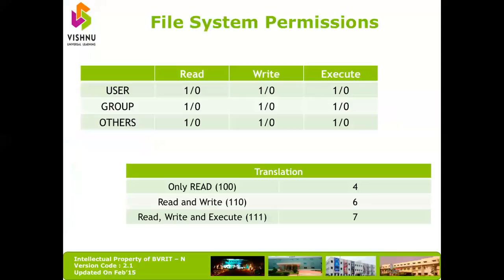Now, in a Linux environment, there are three types of users possible. One is called the user or the creator, in Linux language the owner. That means if I have created a file, for that particular file I am the user or the owner. Along with me, there can be others having the same kind of privileges, and the collection of users based on some constraint is called a group.